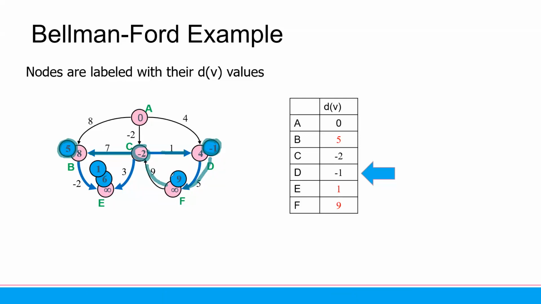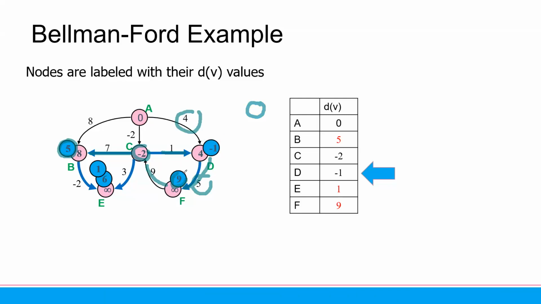Oh, this one is 9 because we assume at the first we have 4 plus 5. Okay. So we are not updating this one first. We have the assumption that A to D, we have the distance 4, and then F is from D. A, D, D, F, then it will be 4 plus 5.